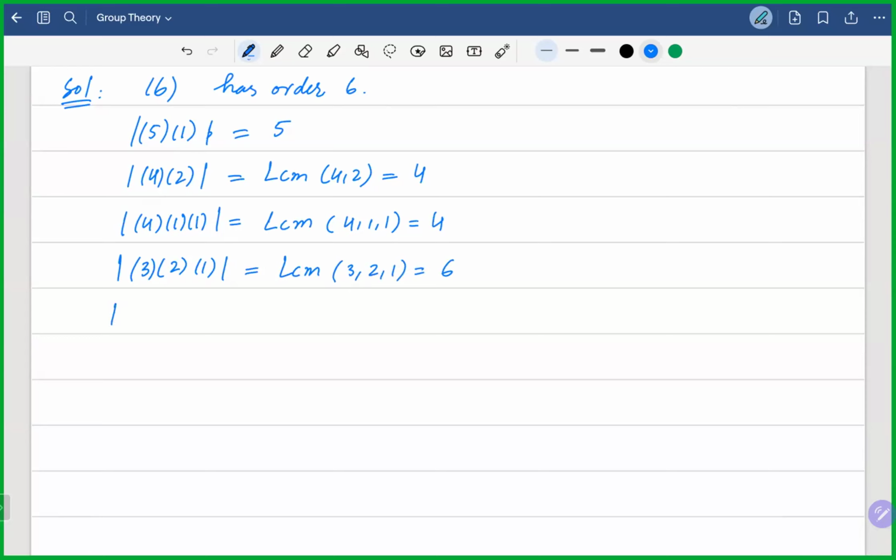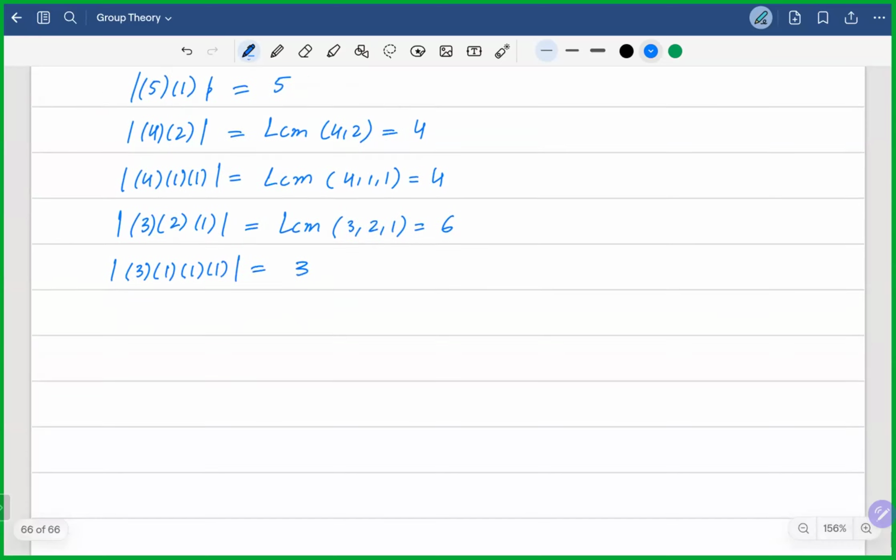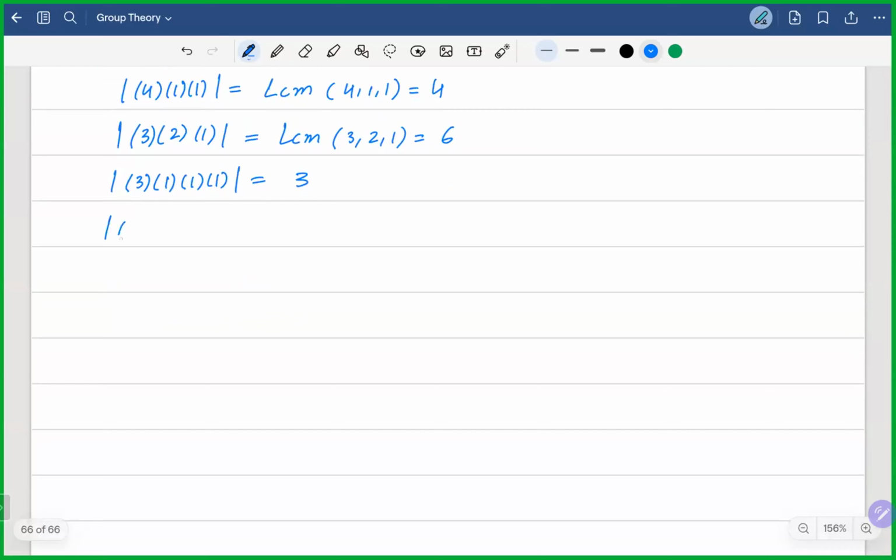And then I can write 3 1 1 1, and this has order 3. And then I can write 2 2 2, which is order 2.